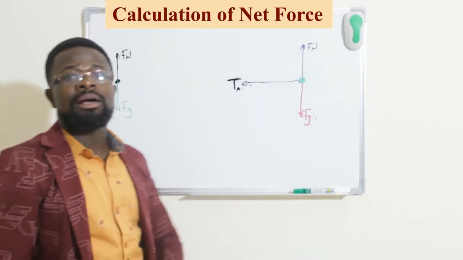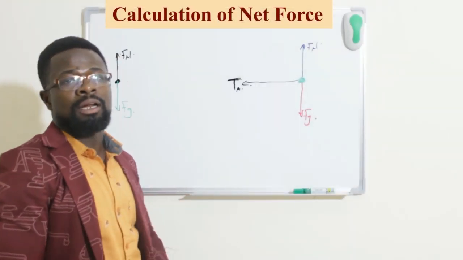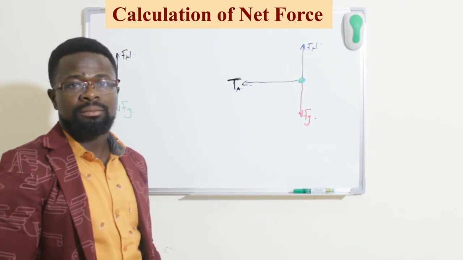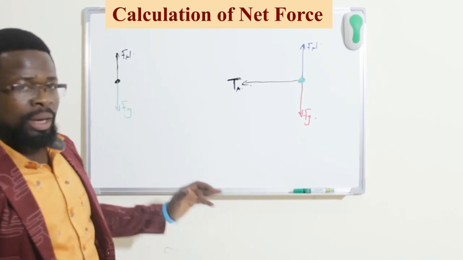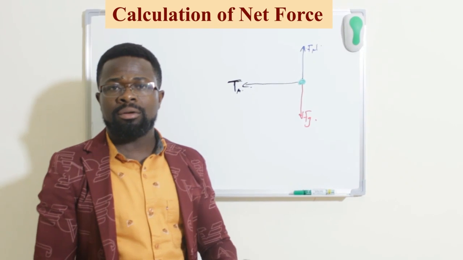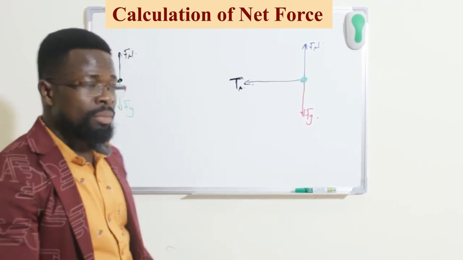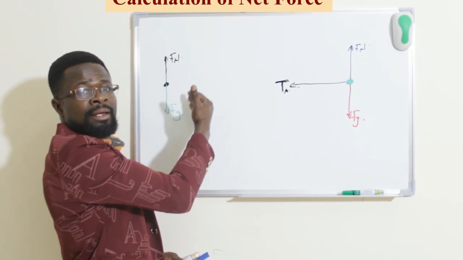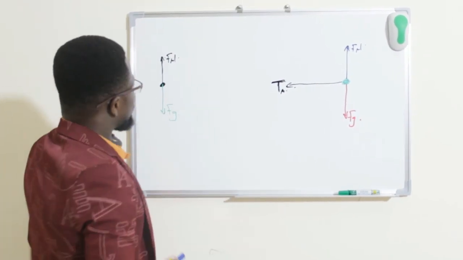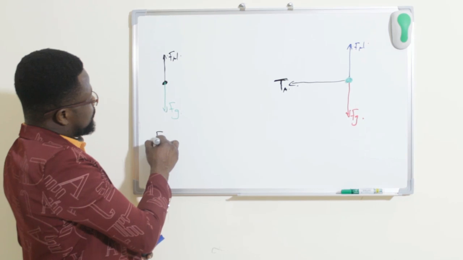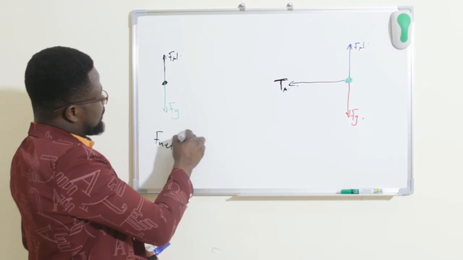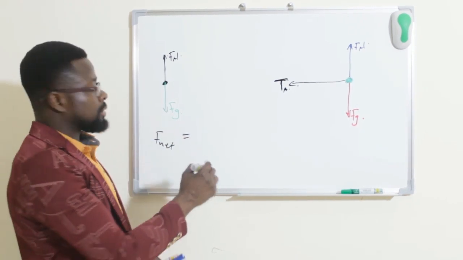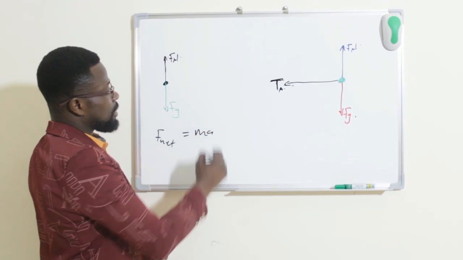Okay, so now let's look at the calculation of the net force acting on an object. We have looked at the different scenarios, so let's look at them. In a situation where we are having a free body diagram that looks like this, we're going to have F net according to Newton's second law equals ma.